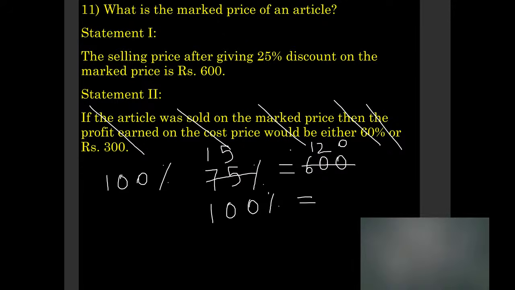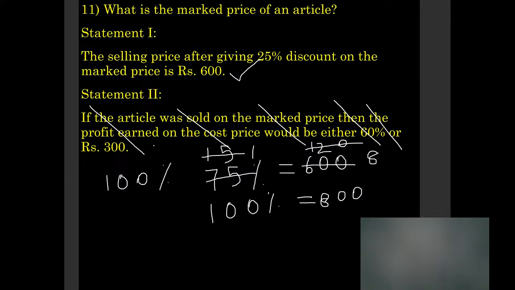Or you can directly cancel in the 15 table also. Then this becomes 15 times 1, 15 times 8. 1% equals 8, so 100% equals 800. So from the first statement we can calculate the market price.